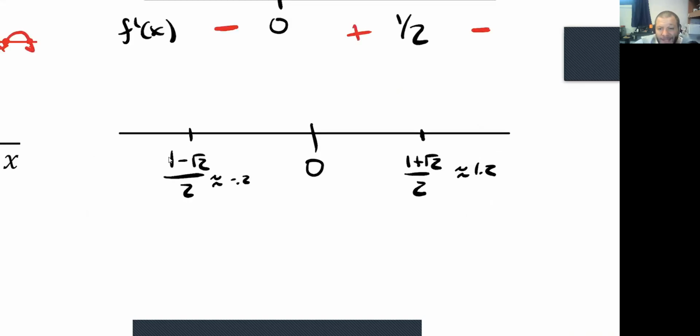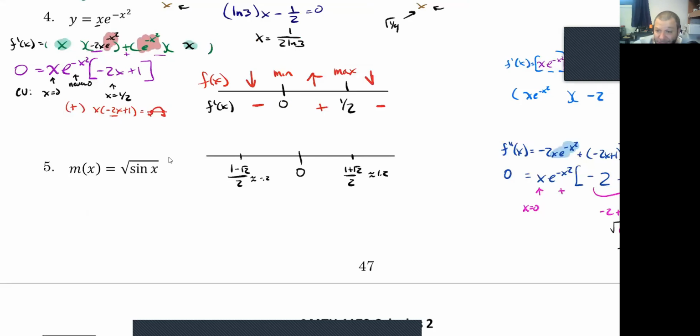All right, and then just because I don't really feel like plugging in values a whole bunch of times, I'm going to graph this thing.